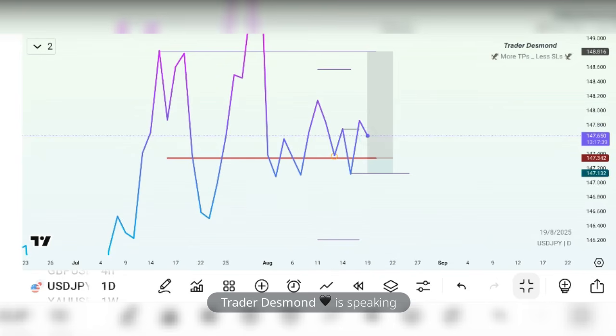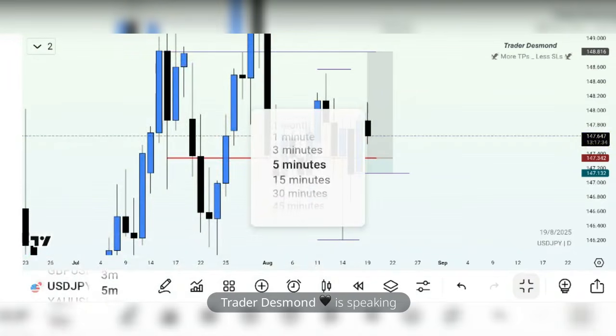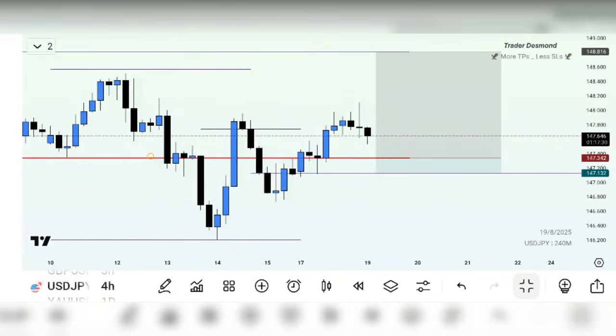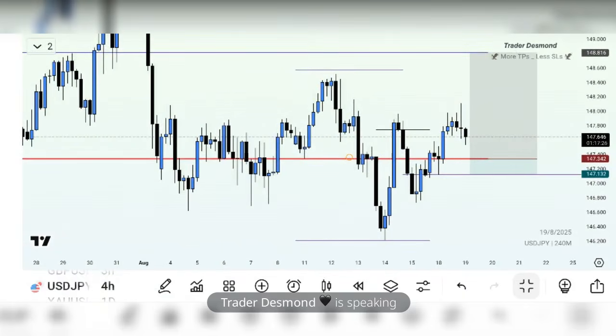Now, switching back to the candles chart, let's go to the 4 hours time frame. On this 4 hours time frame, watch something. A resistance, supply and support trader will tell you that a zone or a resistance that has been tested multiple times is strong, but they're expecting market to break it. You understand?